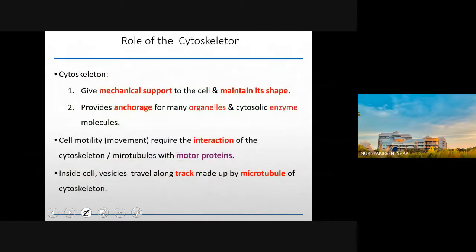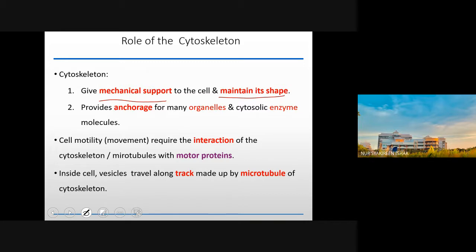So the cytoskeleton will have several functions. Okay, role of the cytoskeleton, it gives mechanical support to the cell and maintain the cell shape. Ini selalu ditanyalah kan. So give mechanical support to the cell and maintain the cell shape, provide anchorage for many organelles and cytosolic enzyme molecules.